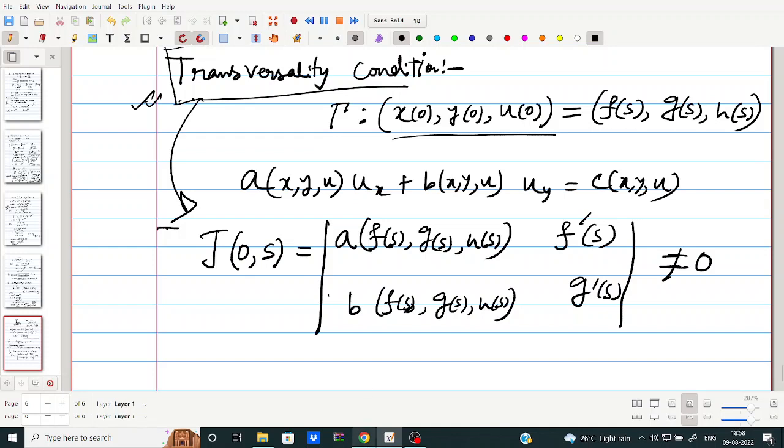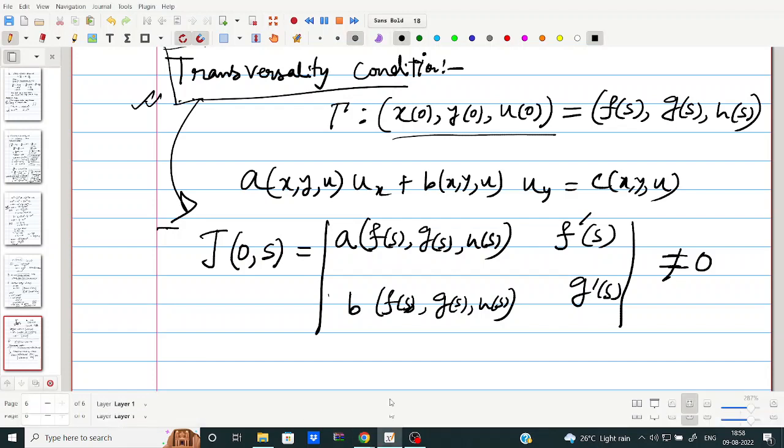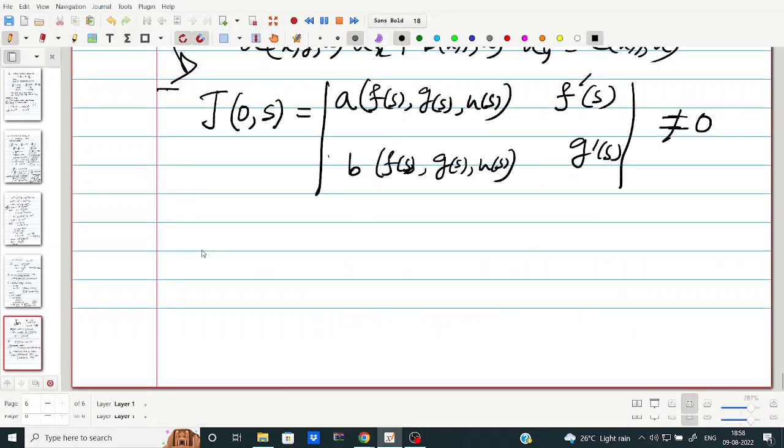Okay, so here my a is the coefficient of ux, that is x square plus y square, and b is y, and c is 4u. So I am writing a, b and c here. So here a(x,y,u) is x square plus y square, and b(x,y,u) is y.